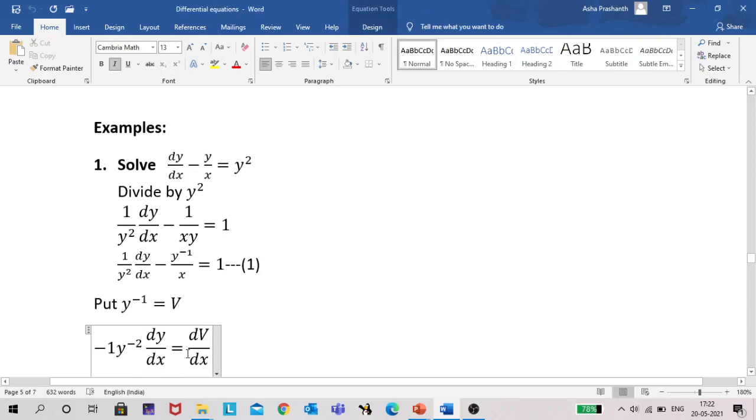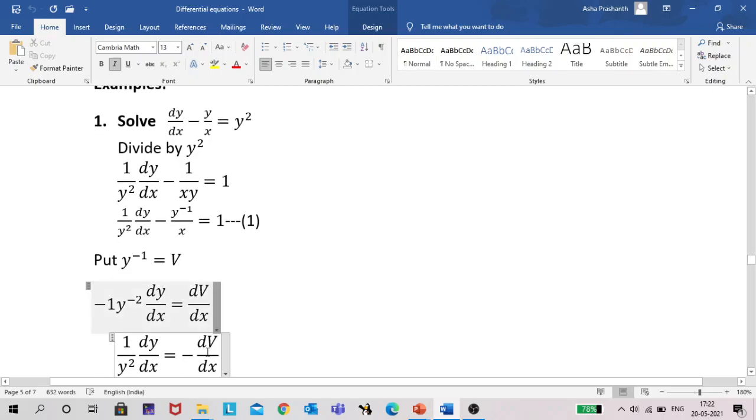Differentiate this: minus 1 y to the power of minus 2 dy by dx is equal to dv by dx. In the next step, this y to the power of minus 2 can be written as 1 by y square dy by dx. Taking this negative to this side, it becomes minus dv by dx. In equation 1 we have 1 by y square into dy by dx.